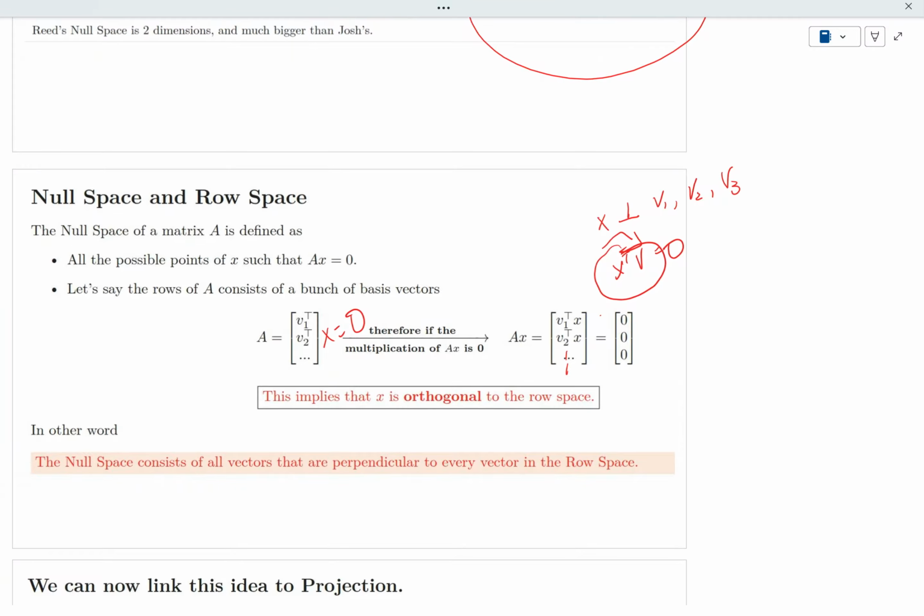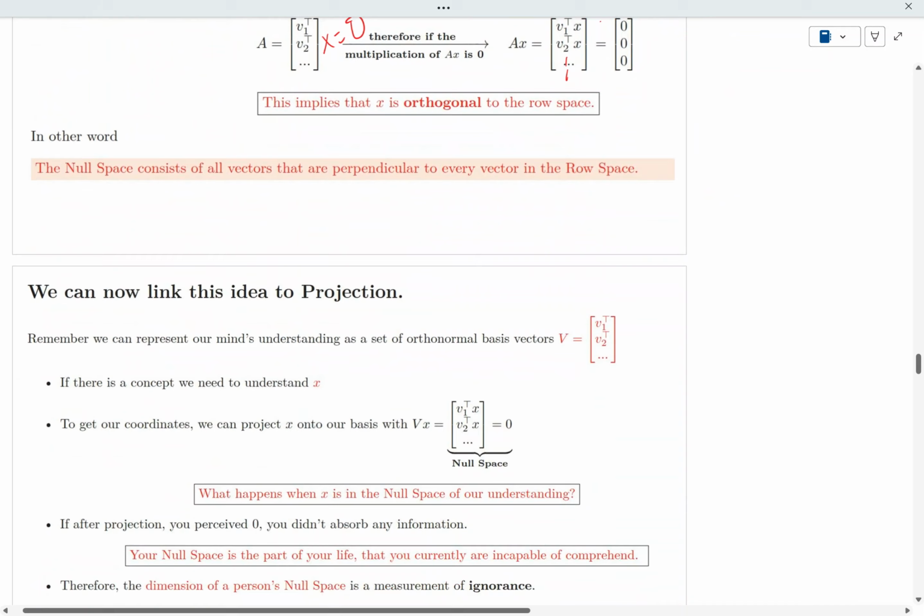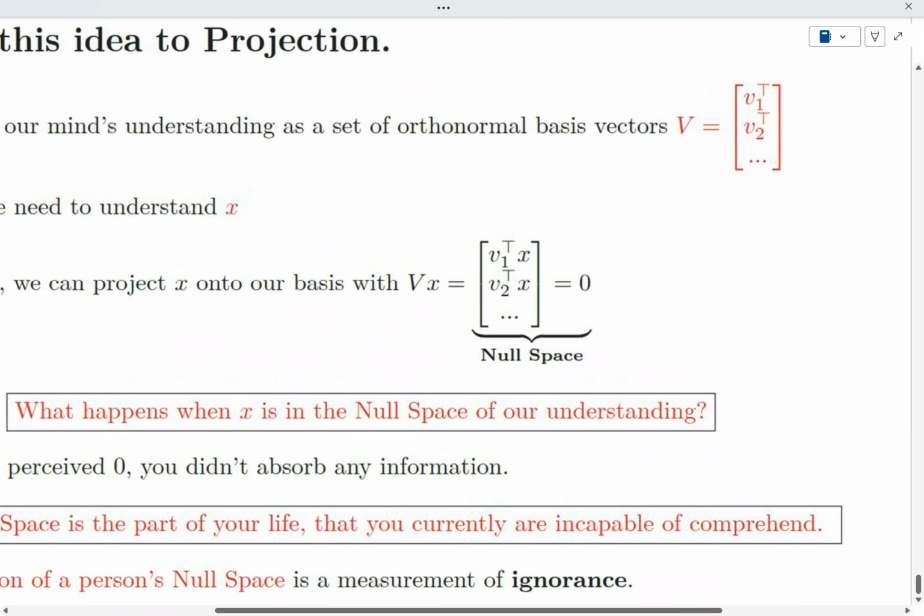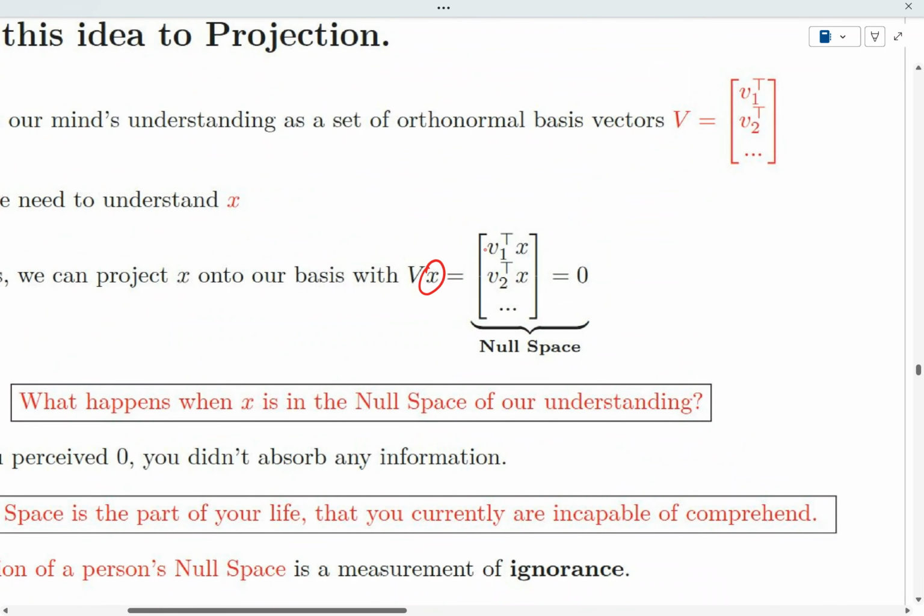If we have a concept we don't really understand, we use the one we understand best, which is projection. Therefore, if we have a piece of information and these are your basis vectors, when we perform a projection, we're getting nothing back. This must be a piece of information that you simply cannot comprehend. You're getting nothing back.